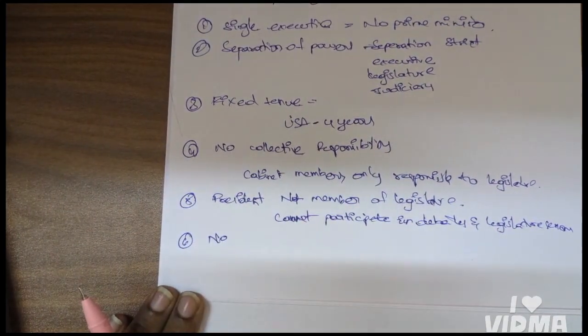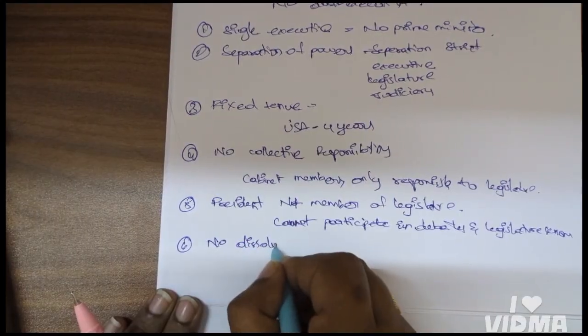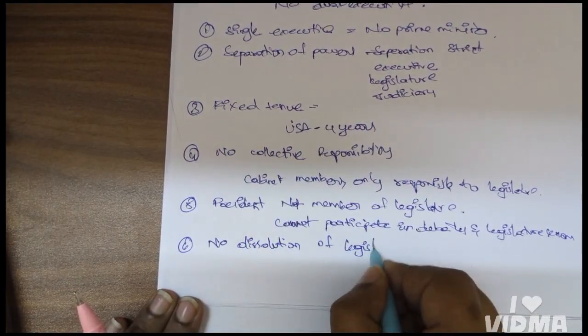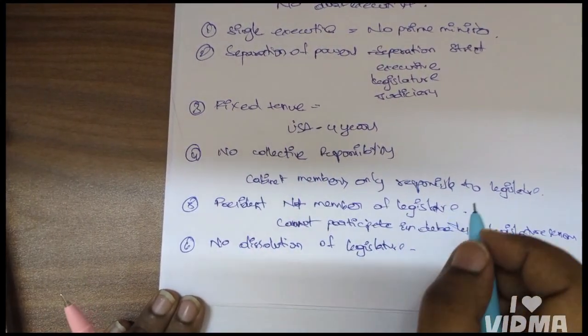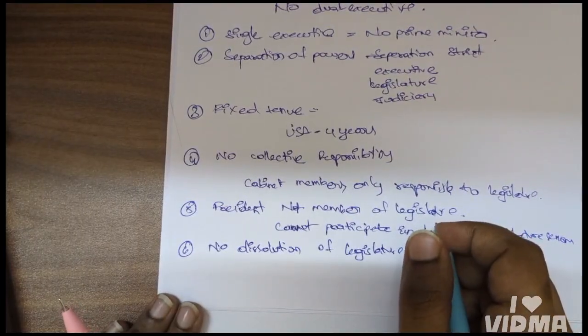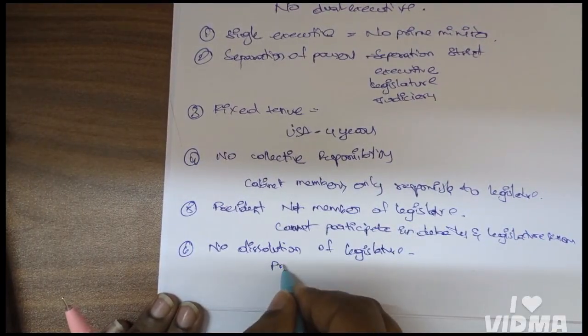In presidential system, the president cannot dissolve legislature. Similarly, legislature cannot remove president through the simple majority. Removal is possible only through the impeachment, which is very difficult.